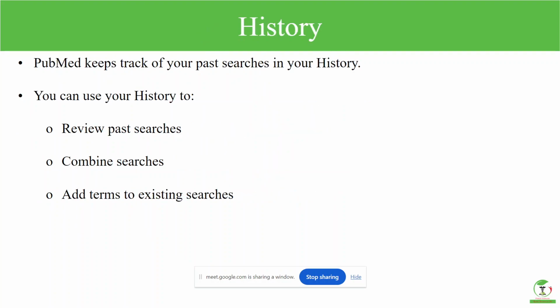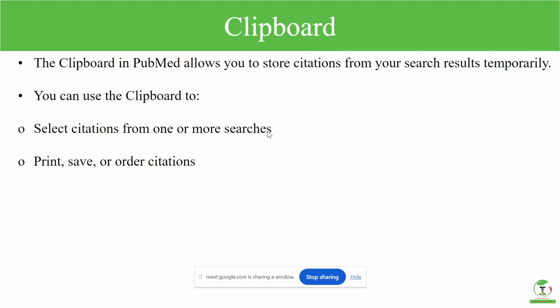So we move to PubMed. The other thing is that for every search that you make, PubMed keeps the history of that search, such that if you forget something and you want to go back, you can find the history section of your PubMed. We shall demonstrate this practically, and you'll be able to see that. And then you have a clipboard that allows you to copy some of your references and put them on that clipboard. Maybe you can transfer them later, or save them, or even print them, so that you can keep track.